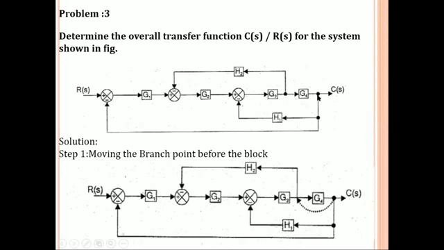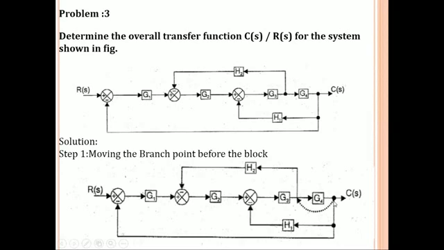Now I am going to move this branch point before the block. We know the formula: to move the branch point before the block, we have to multiply with this gain. So when I move this branch point towards here, this H1 value is multiplied with G1.